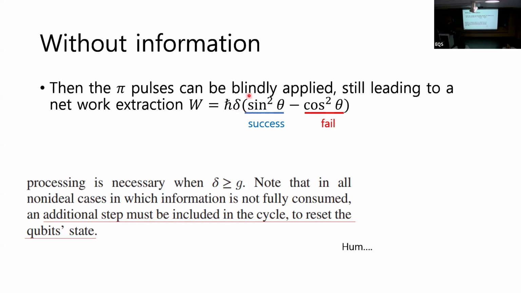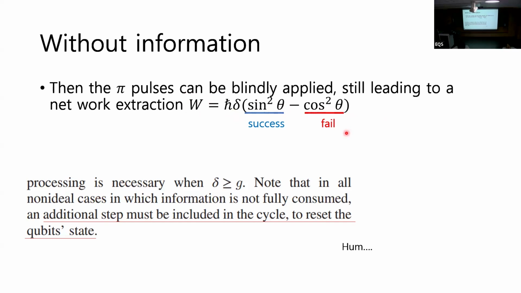W is h-bar delta times sine theta squared minus cosine theta squared, because when it succeeds we gain energy, but if we apply pi pulses when the state is 1-0, we lose energy. So W is like that.